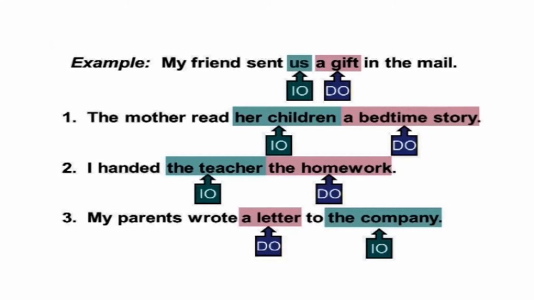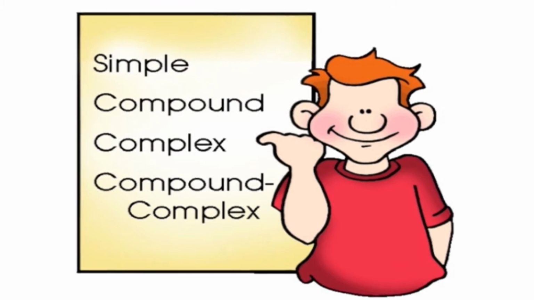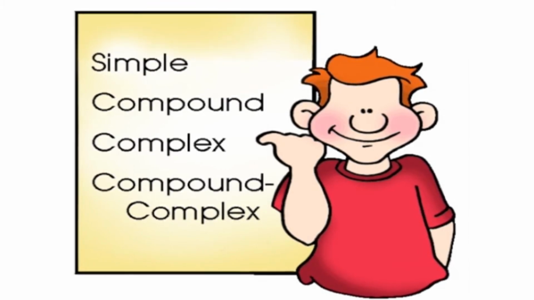In addition, there are other elements contained within the subject or predicate which add meaning and detail. These elements include the direct object, indirect object and the subject complement. All of these elements can be expanded and further combined into simple, compound, complex or compound-complex sentences.